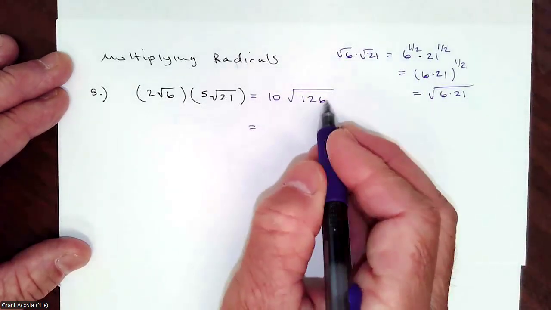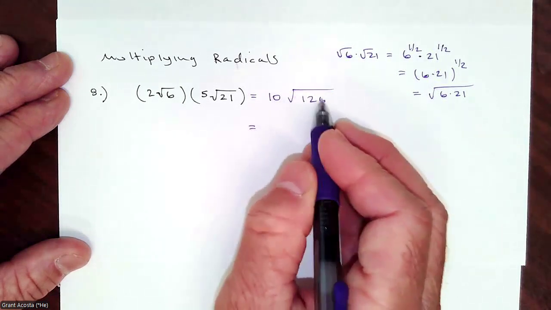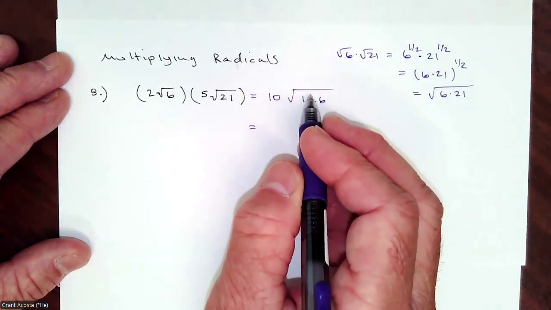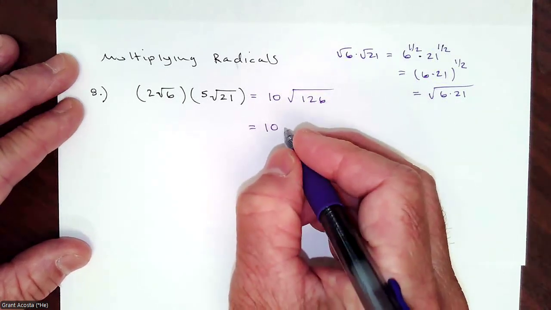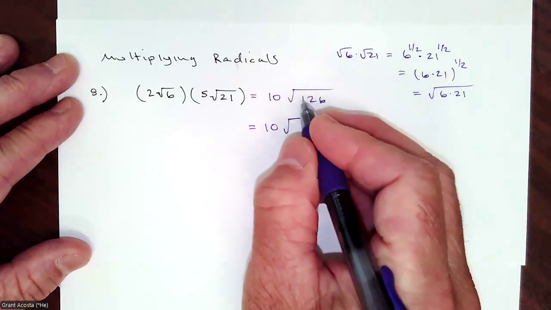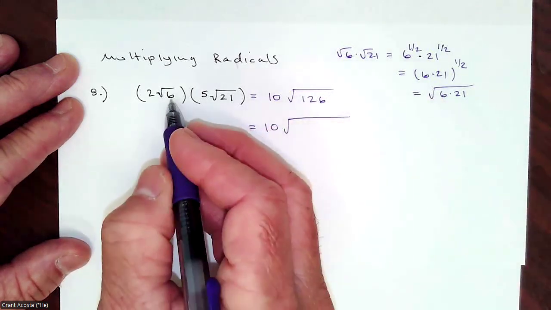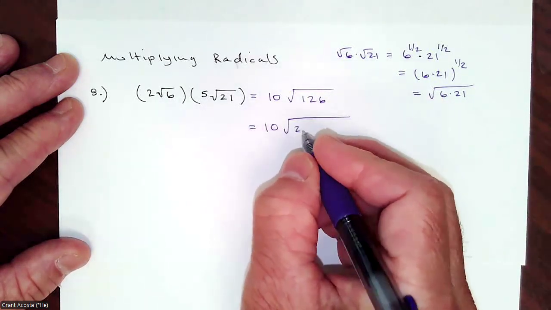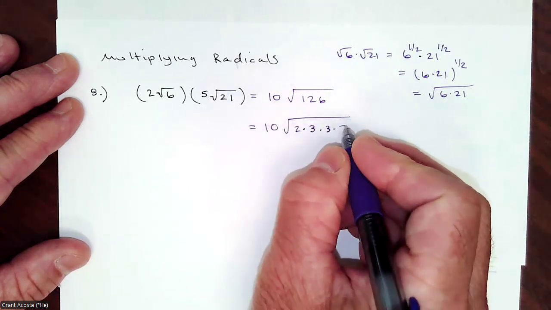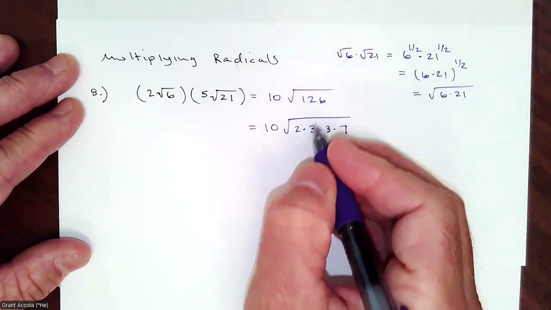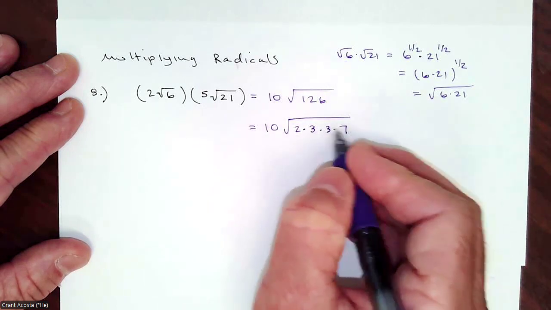But now here's the thing. We want to simplify this and see if there's any perfect squares in 126. A kind of sneaky way to do this is to go back and ask how did we get 126? We got that by multiplying 6, which was 2 times 3, times 21, which was 3 times 7. So 126 must be 2 times 3 times 3 times 7.